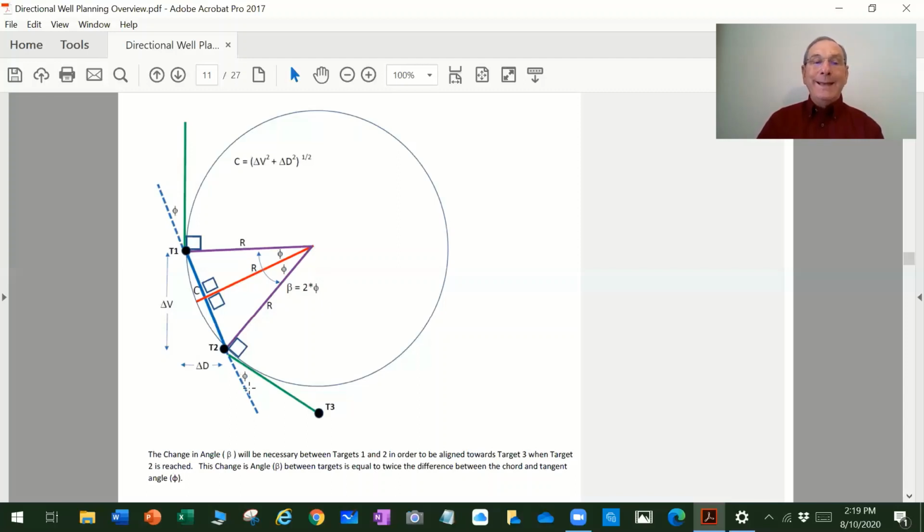If this is 10 degrees, then it's going to take a 20-degree inclination change between target number 1 and target number 2 to be aligned.